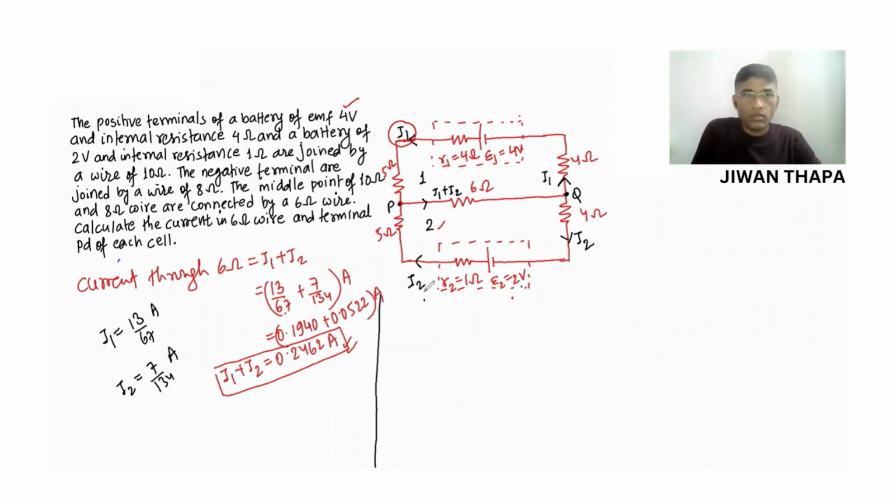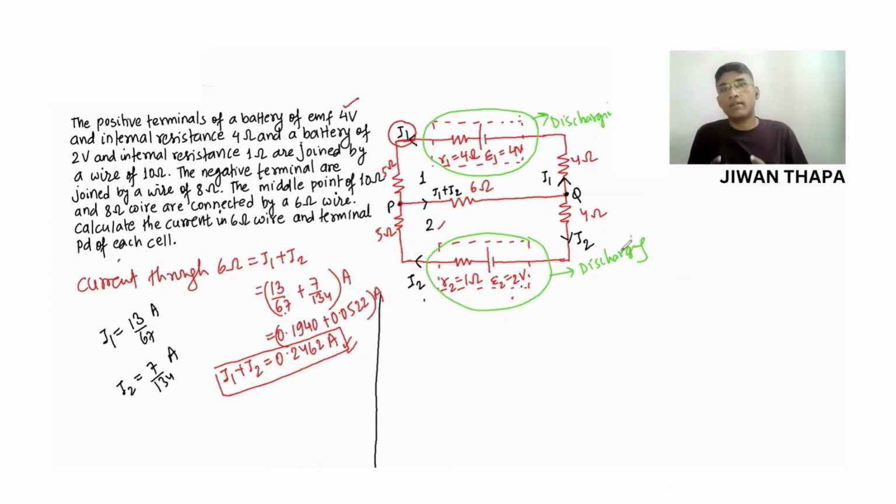Now, what we find is that cell having EMF E1 is discharging current. So cell having EMF E2, this is discharging current. Both cells having EMF E1 and E2 are releasing current.